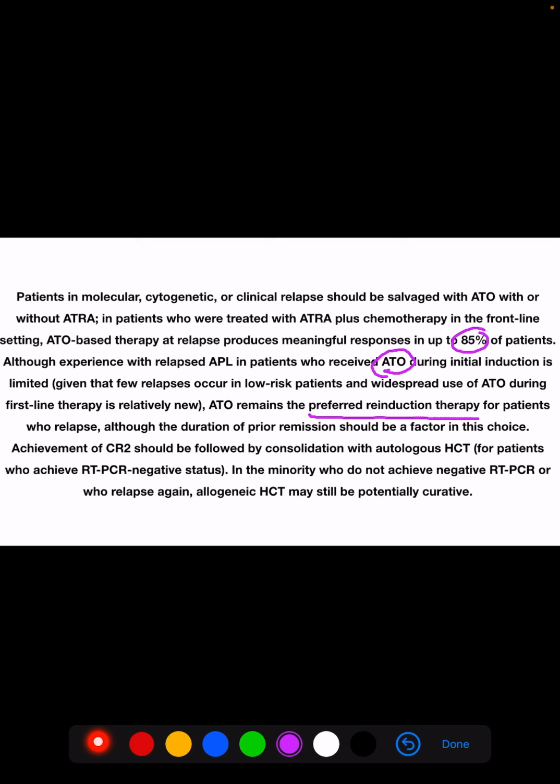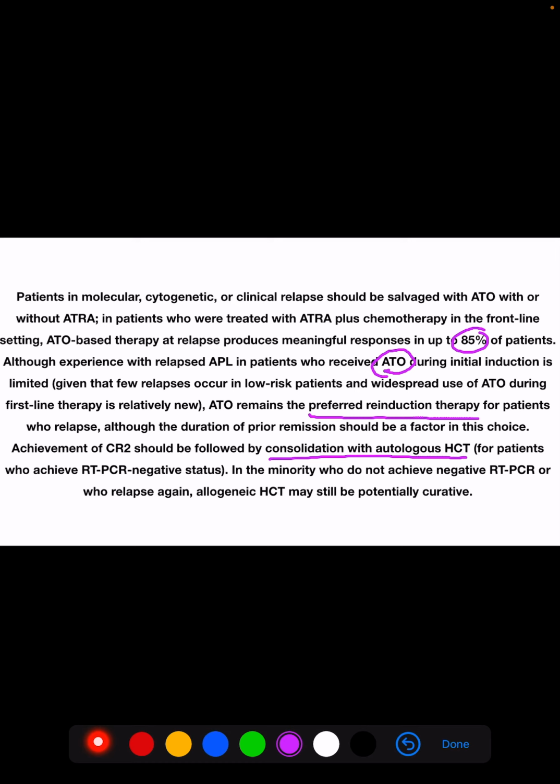And if there is achievement of a complete remission, this should be followed by consolidation with autologous hematopoietic stem cell transplant for patients who achieve RT-PCR negative status.